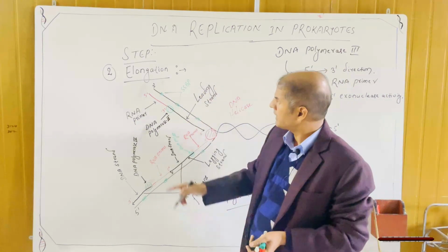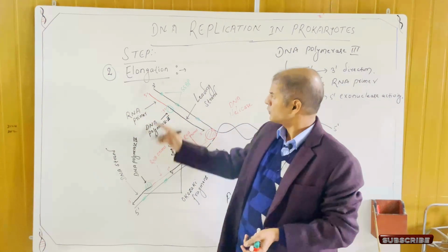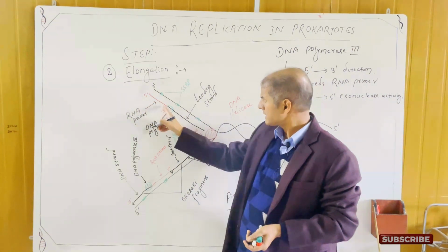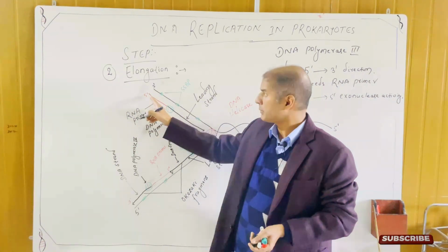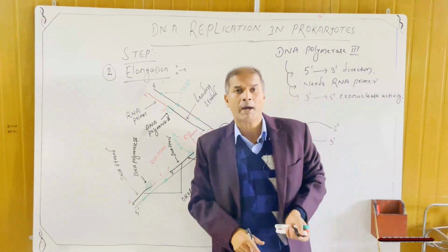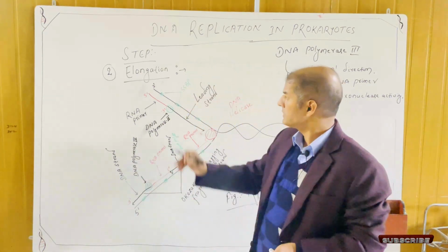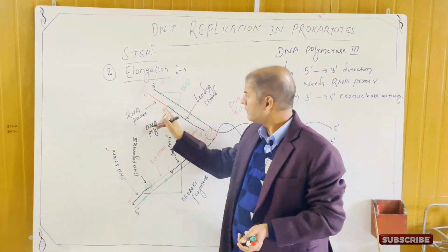But we know that DNA polymerase III needs the insertion of an RNA primer. This is the small fragment of RNA primer that is synthesized by the primase enzyme. Primase synthesizes the RNA primer.